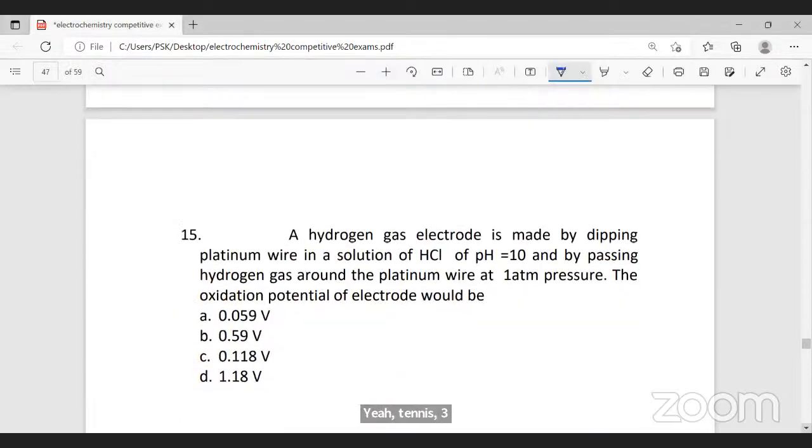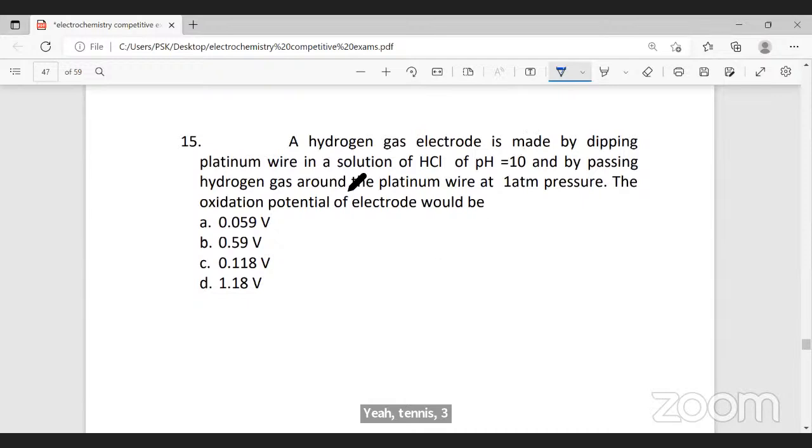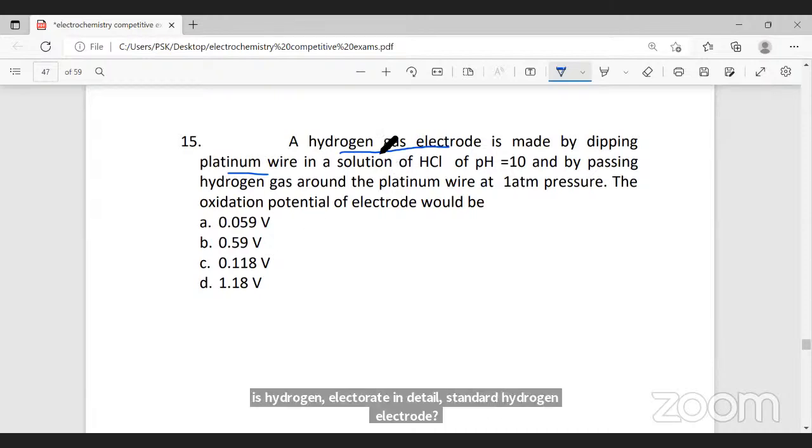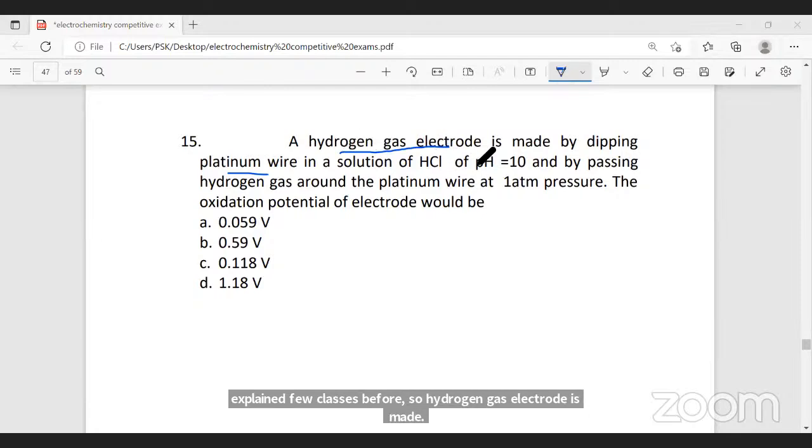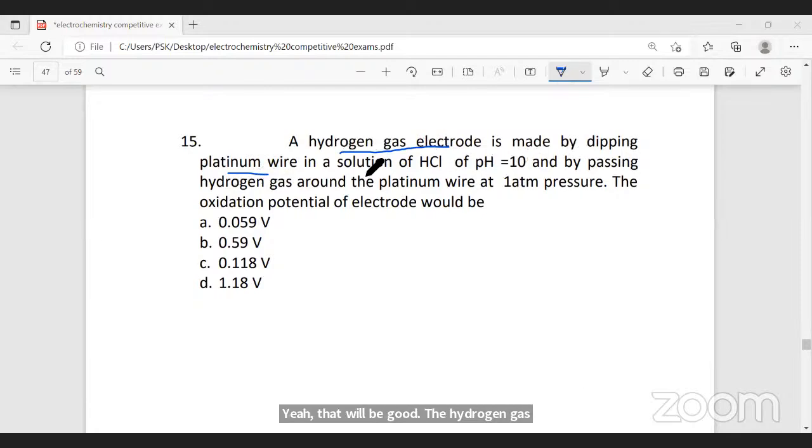The next question, the 15th question. A hydrogen gas electrode is made by dipping platinum wire in a solution of hydrochloric acid at pH 10, and by passing hydrogen gas around the platinum wire at 1 atmospheric pressure.